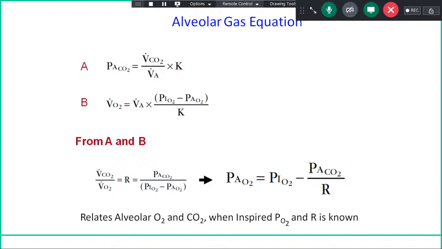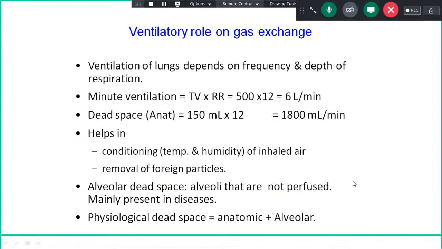So if we know the R and we know the inspired PO2, then we can relate the changes occurring in the alveolar oxygen and alveolar carbon dioxide.